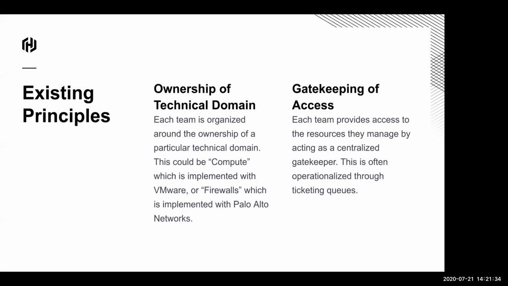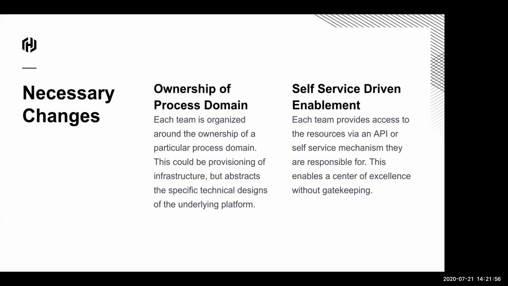And so we don't feel that success of adoption of public cloud is necessarily adding another ticket to provision a VPC within AWS or those types of things. Yes, we're going to have some cloud specialists within the organization, but rather than owning that technical domain and having a gatekeeping process for access to that technical domain, we'd like to move more towards a process domain.